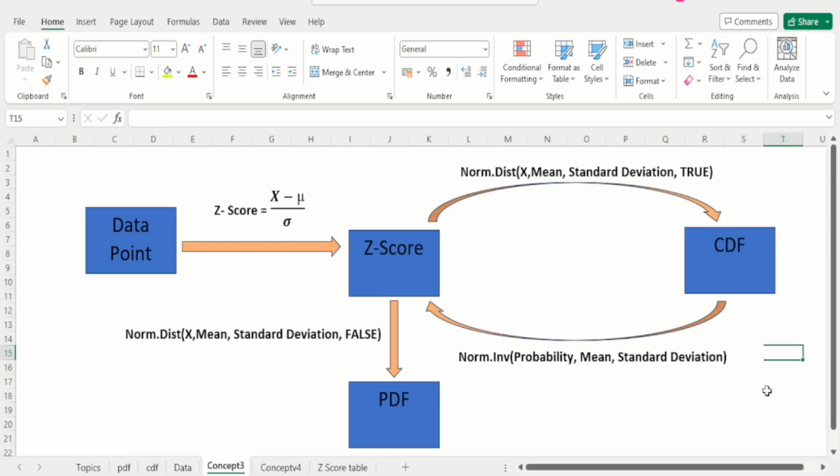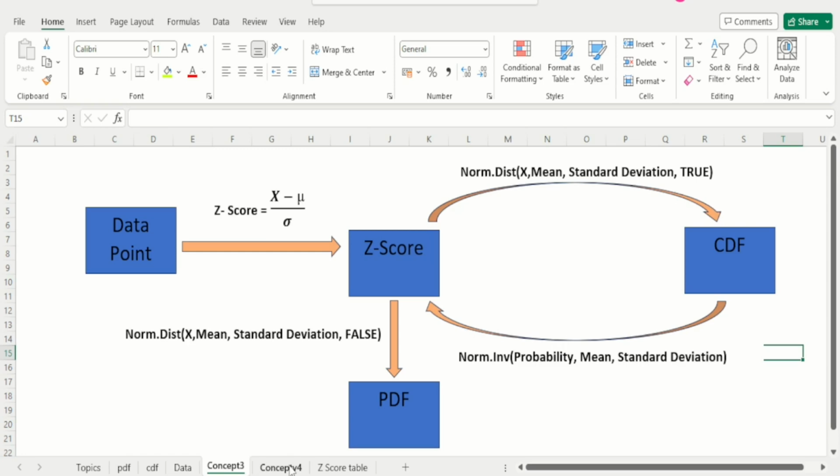So conceptually, keep this in mind. This is how you traverse within the data, up to the z-score, the CDF, and back to the z-score. If you're dealing specifically with a discrete data series, then you can use the PDF instead. Now, is it necessary to always arrive at the z-scores?